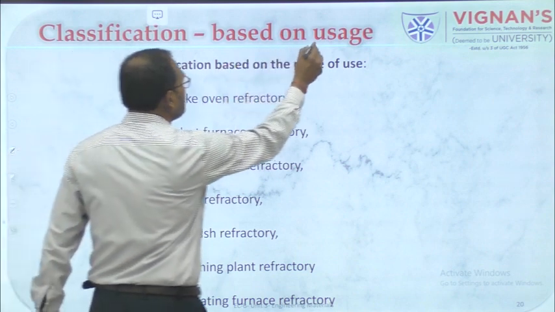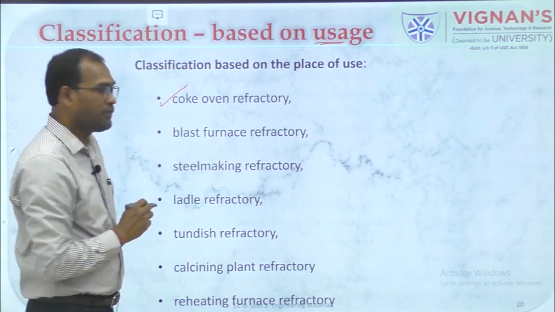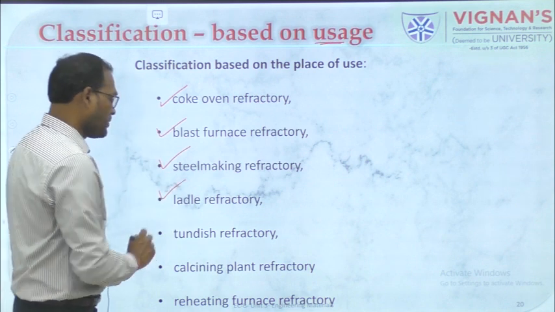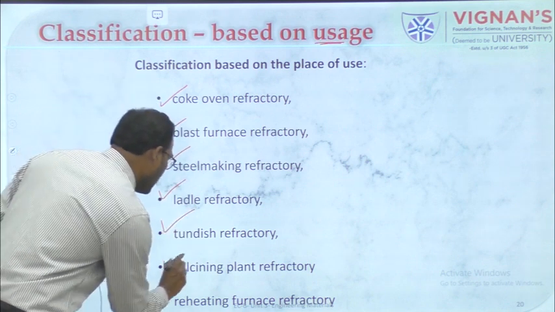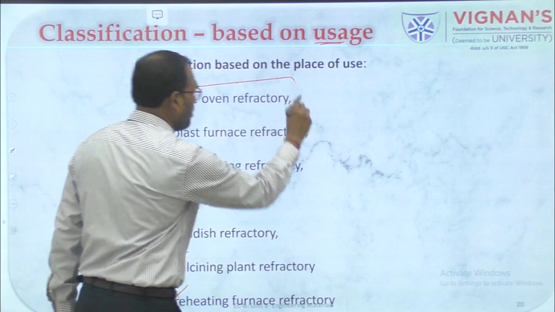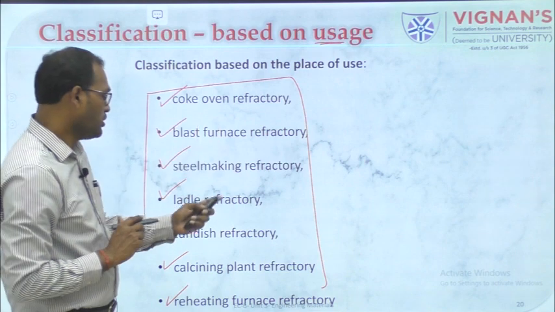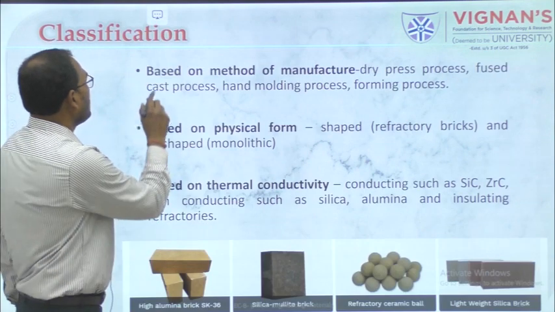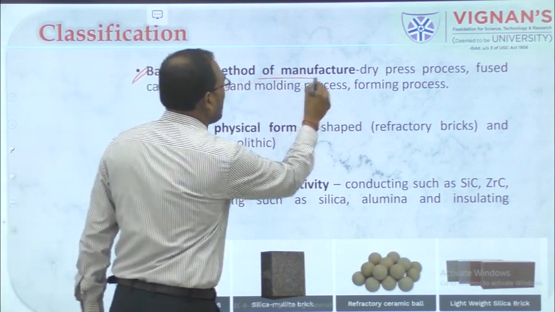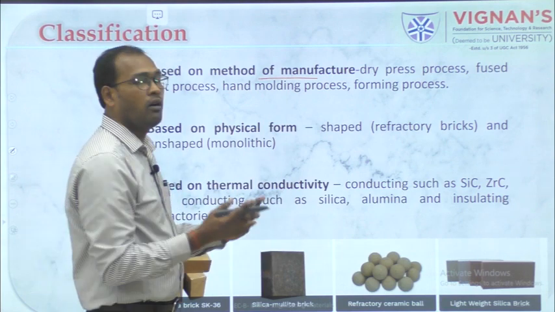Okay. So based on usage, you can use it in coke oven refractory, blast furnace refractory, steel making refractory, ladle refractory, tundish refractory, calcining and reheating furnaces, right. So these are different subtopics under the application which you have seen earlier. So based on the usage also we can classify. And the other classification, which is of less relevance, is based on the method of manufacture, as I said, how it is made, whether it requires a big furnace or big equipment or a small one.